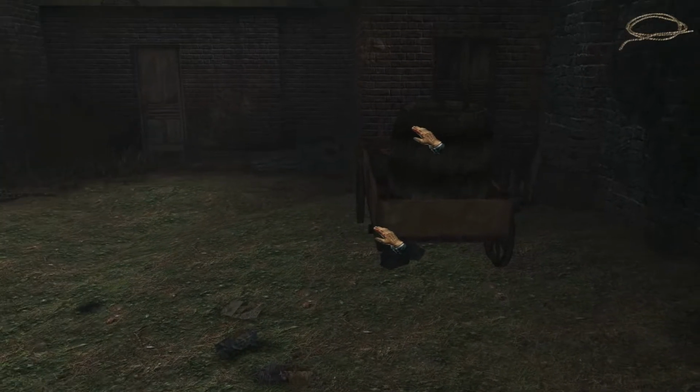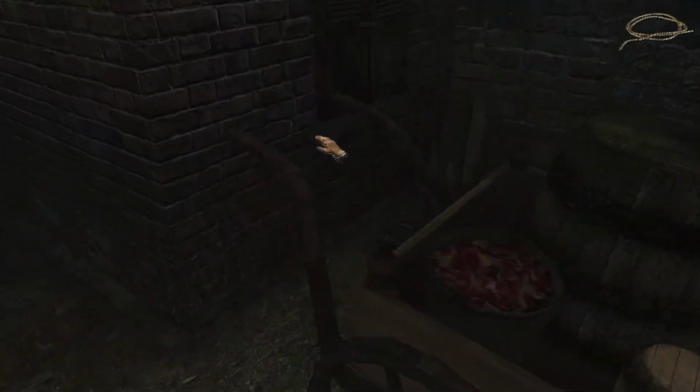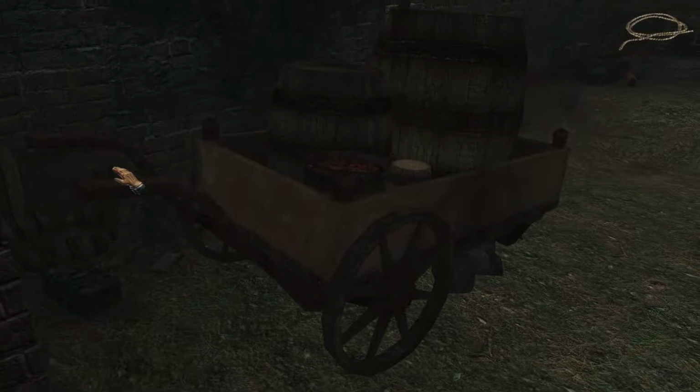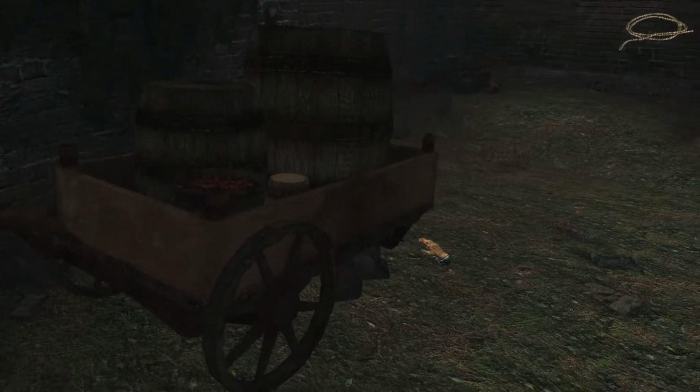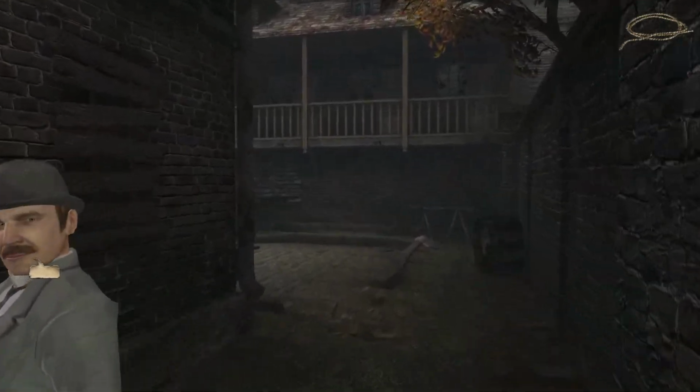What? Is there anything else I can take? We need to push this trolley over there, and it needs a wheel, obviously. And then probably use a rope to get up.